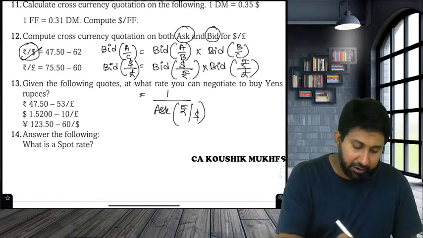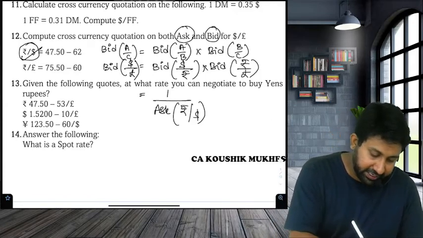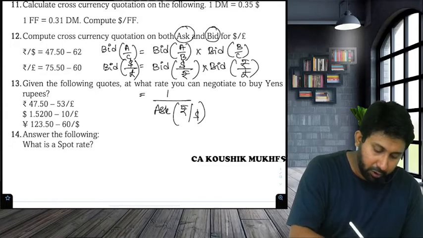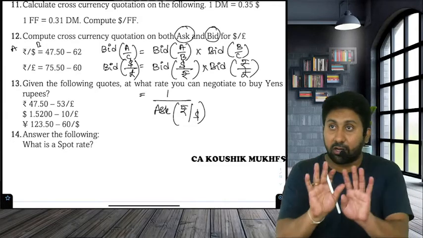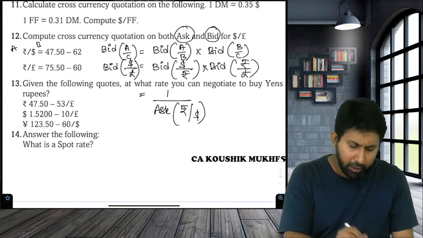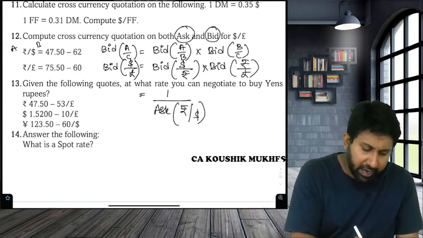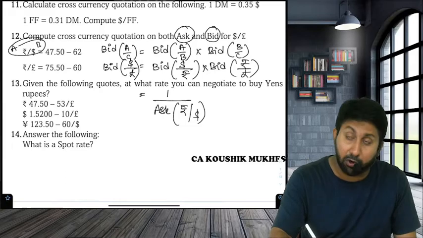Say for example, rupee is A, dollar is B. Normally, I have A by B format, but I want B by A format.